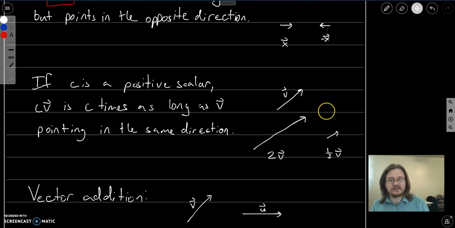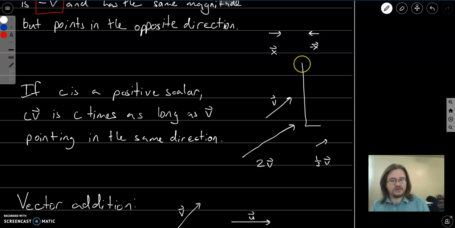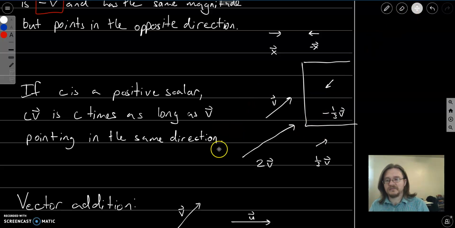So if I wanted -1/3 v, well, I know here is 1/3 v, so then -1/3 v is just going to be pointing in the opposite direction. Again, if I started with v, I see, oh, negative, so pointing in the opposite direction, but 1/3 of the length. So with negative signs and with scalars, we know what direction it'll be pointing in, and we know how long the vectors will be.